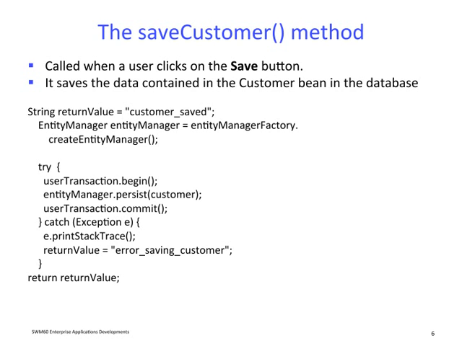If this is a try and catch block, if anything goes wrong, we go to the catch block. We are saying, okay, the return value from that bean will be error saving customer. So if everything goes fine, the customer saved value will be returned, and page customer saved will be shown to the user.